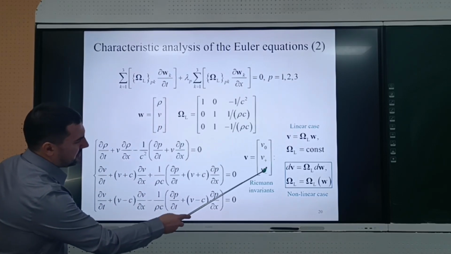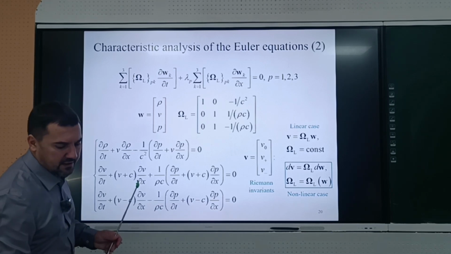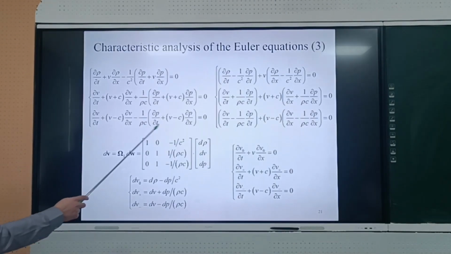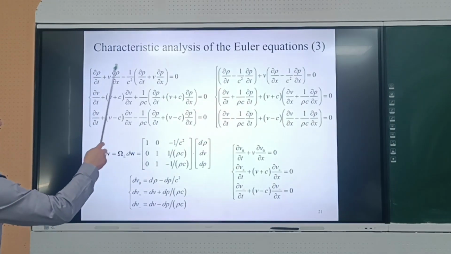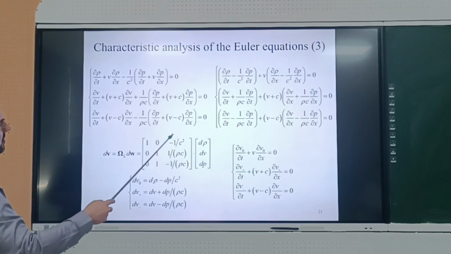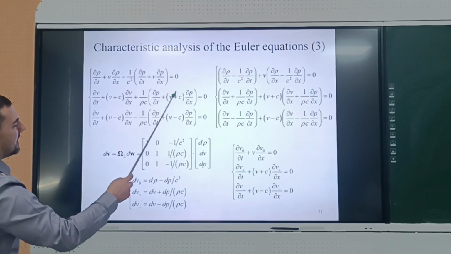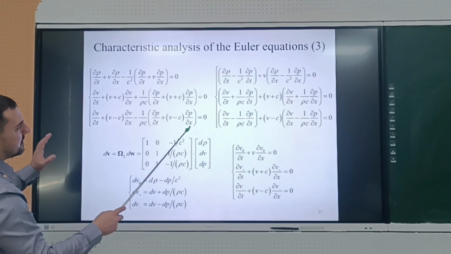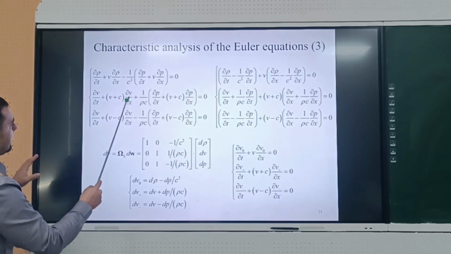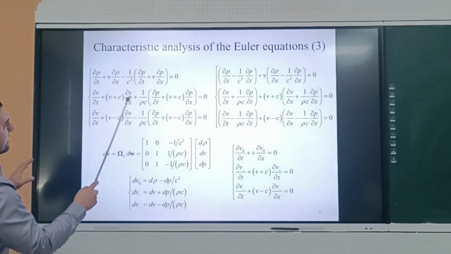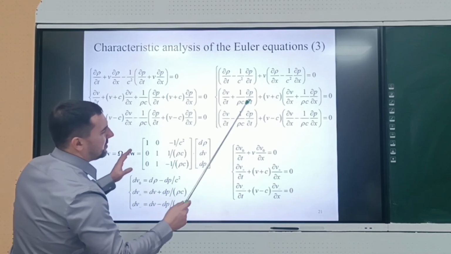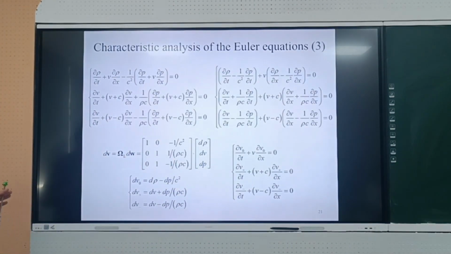Why does this notation correspond to Riemann invariants in the nonlinear case? Let's understand that. This is the component-wise form of compatibility conditions along characteristics. Then we can manipulate a little bit, just arithmetic. We collect everything; we want to have V plus C and V minus C. So these equations look like the advection equation.